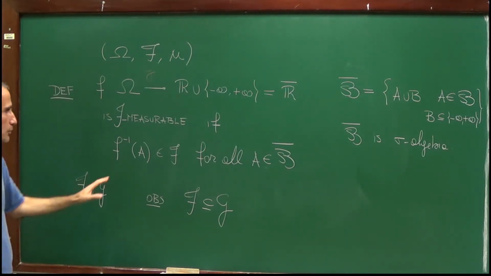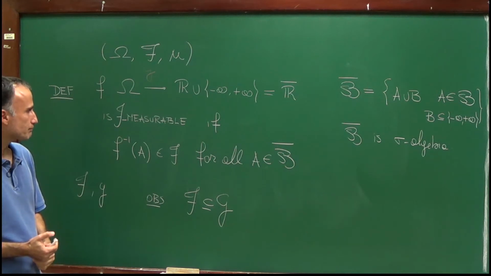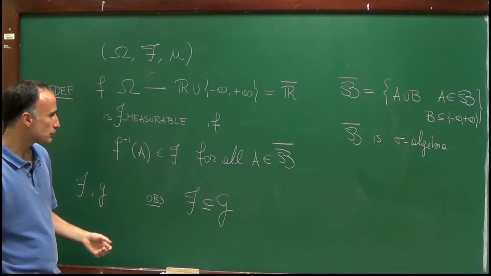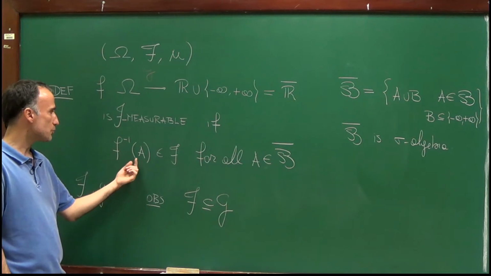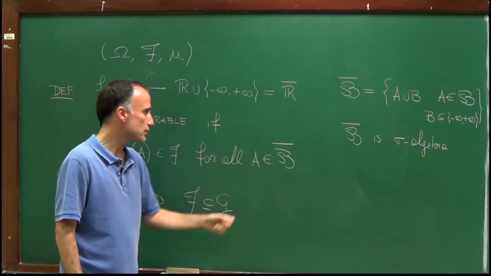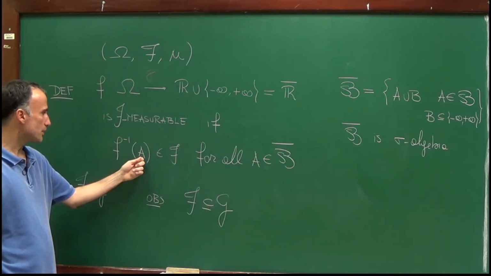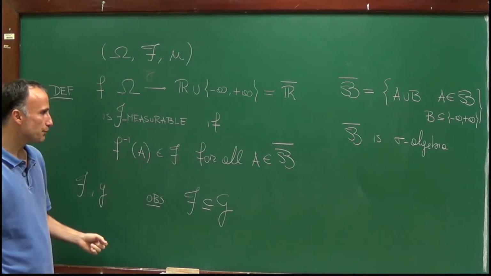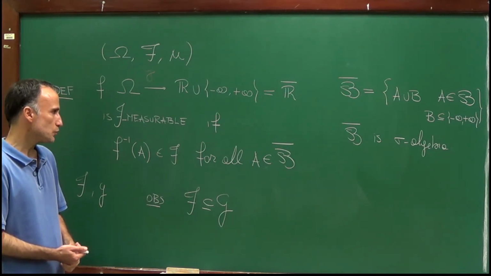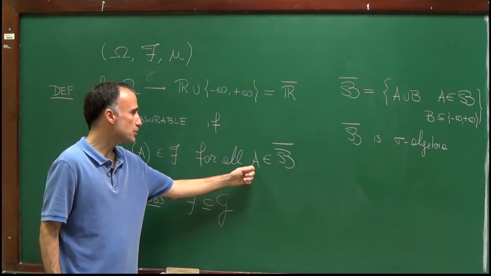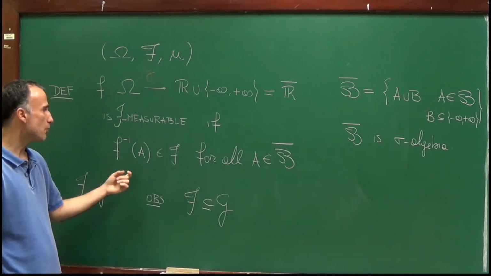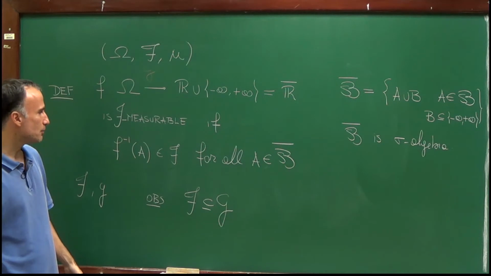So this is an important definition, and of course it might look difficult to check if a function is measurable or not, because we'll need to verify if for any set A in the sigma algebra B bar, the inverse image of A belongs to F. But I will now state a lemma which asserts that you don't need to check this relation for all sets, but just for a subfamily of sets.